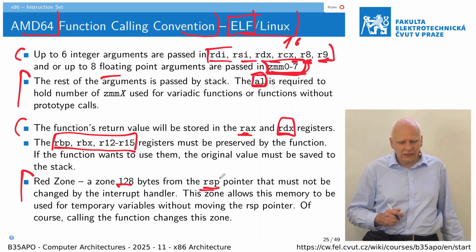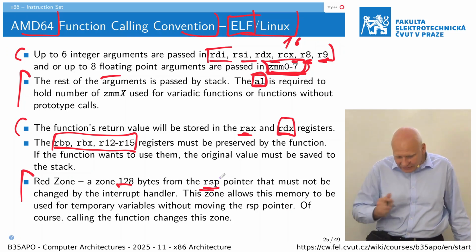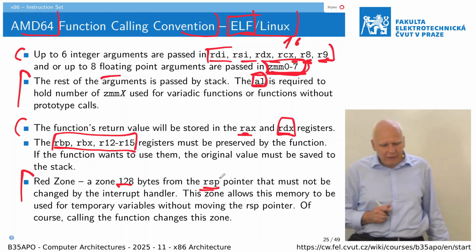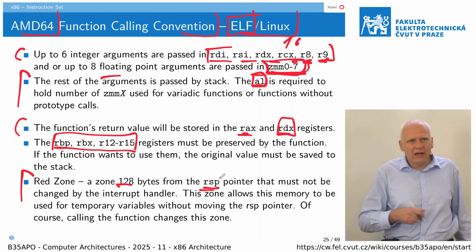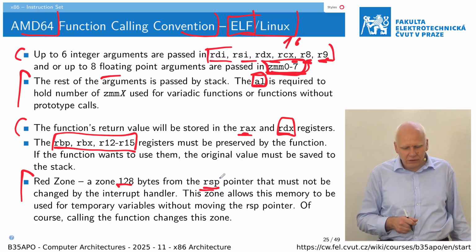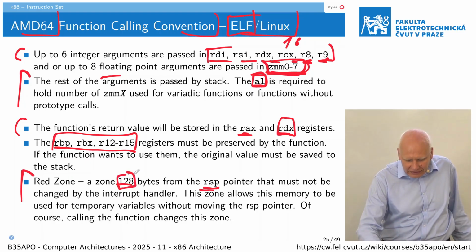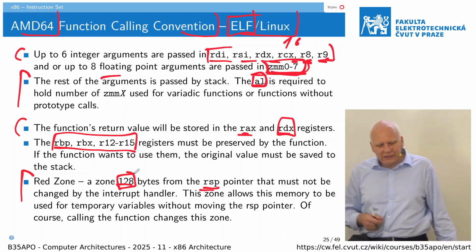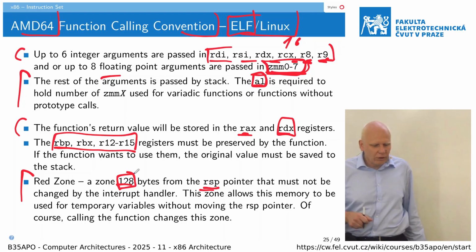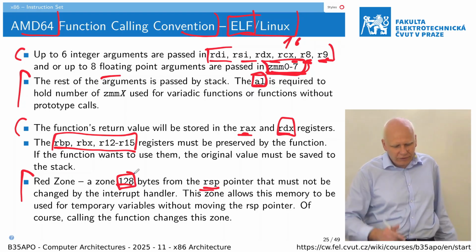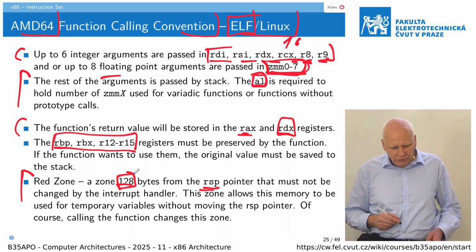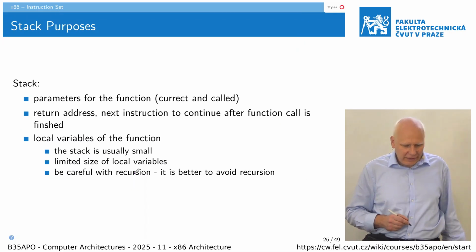In this case, it has to be reserved and skipped if some signal or another more complex construct is executed. This is because addressing with an offset of this small value is encoded as a shorter instruction, and for this reason they decided to do this specific thing.